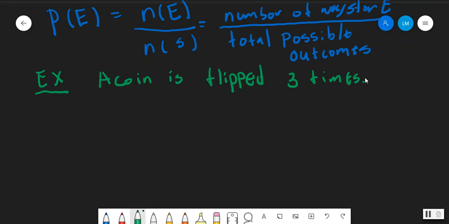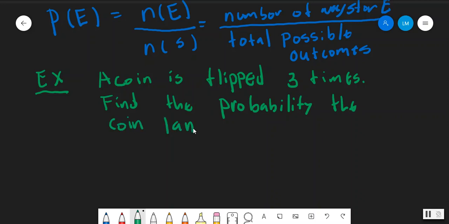Now, I have a simple way to figure out the total sample space as mentioned before, but let's just say that we want to find the probability the coin lands on heads, and we'll say 2 times.